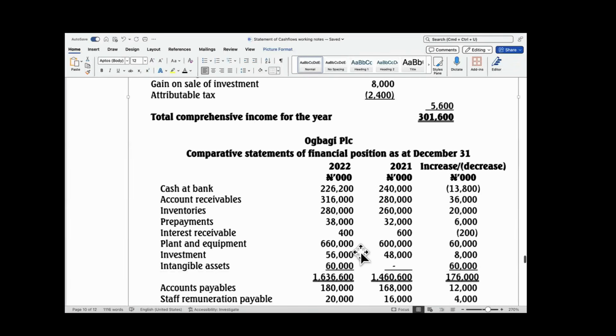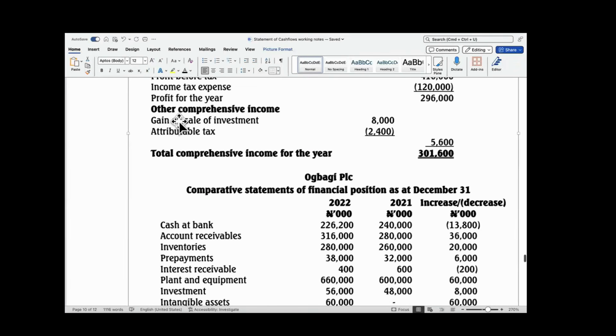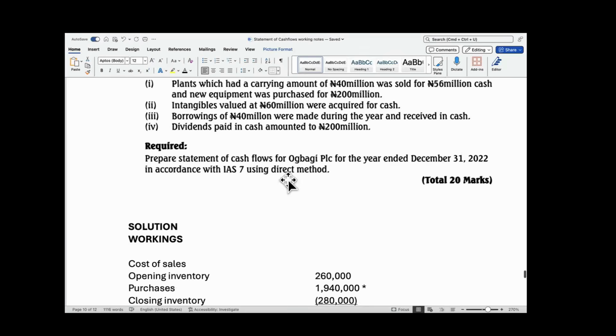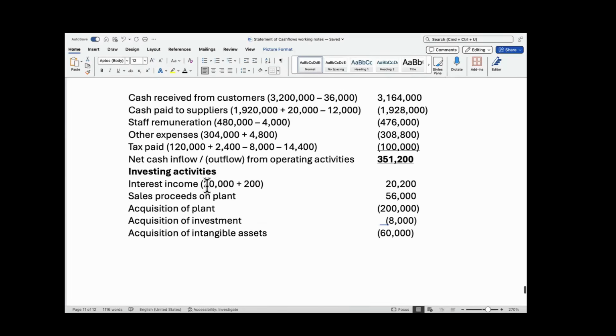Apparently the examiner does not want gain on sale because they did not sell any investment. It's actually gain on revaluation or fair valuation of that investment. So let's remove it.